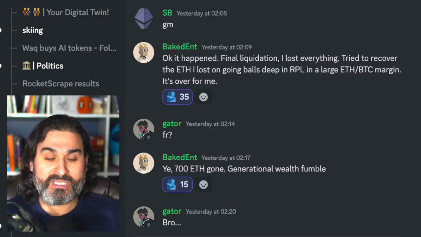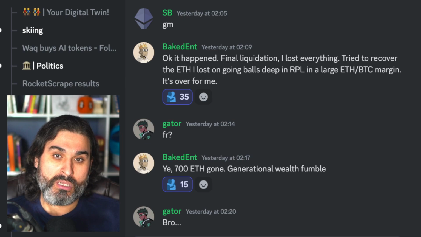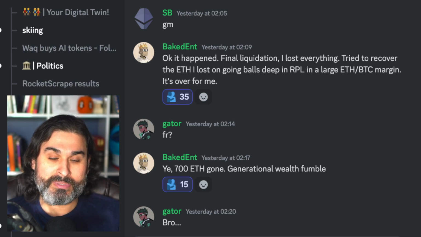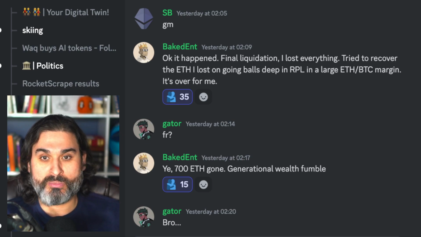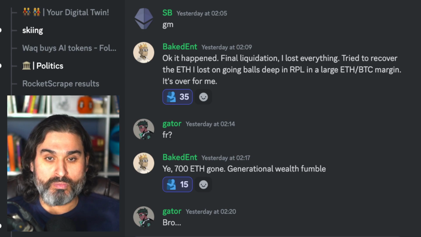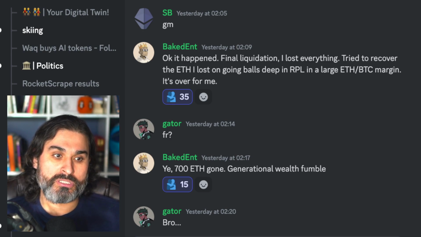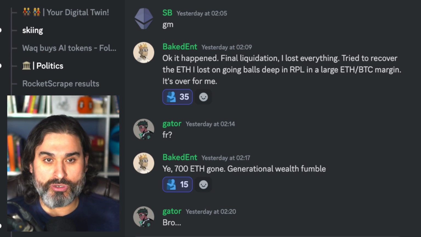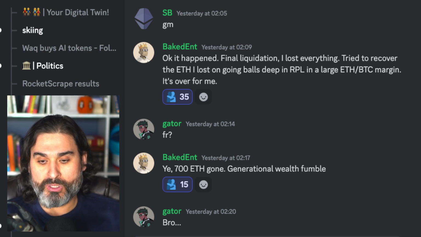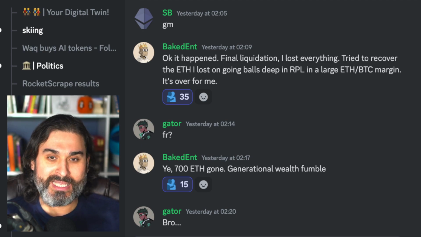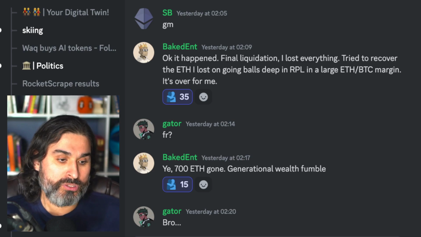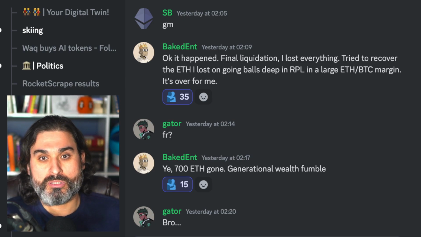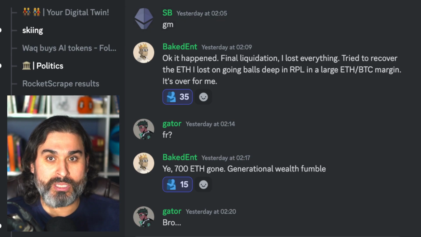Anytime anyone said the bottom is near, the bottom was not near, and it looks like that's what happened to BakedEnt here. So he went in with his portfolio and tried to make back his losses and lost his crypto. This is a really sad story. I'm not going to try to draw any lessons from this. I'm sharing it because it's sad news. But if you all want to draw conclusions from that, you're welcome to do that yourselves.